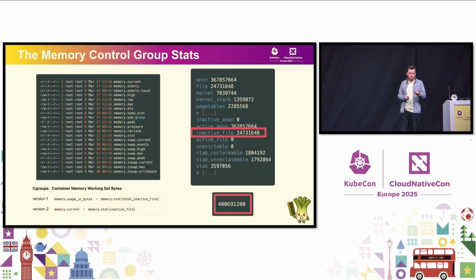It could be files that you used for I/O, like you've been opening a file at some point and reading from it, and kernel, which could be objects related to your process running on the OS, like kernel stack or other things. But the thing is, some part of, for example, the file breakdown of this memory, it could be inactive. So if, for example, your process opens some file at the beginning of its lifetime, it reads from it and never touches that file again, you might not need that file to be in cache forever, right?